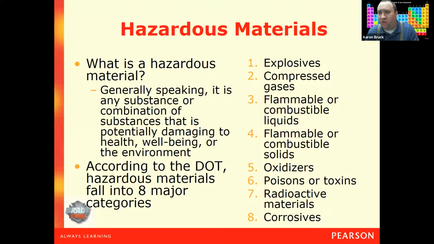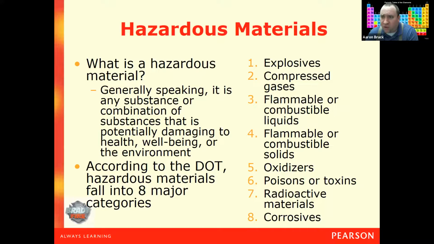Now we get into the stuff where you need to learn how to identify hazards based upon pictures, based upon placards, and that sort of thing. We're going to start with probably the most familiar types of placards, the ones that are the most common here in the United States, and then we're going to branch out to the most common worldwide system, the Global Harmonized System.